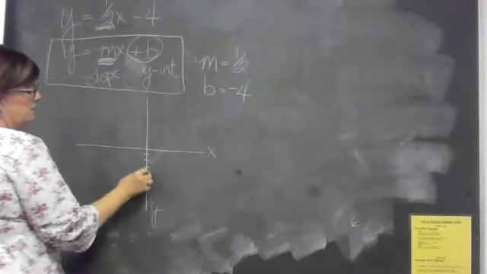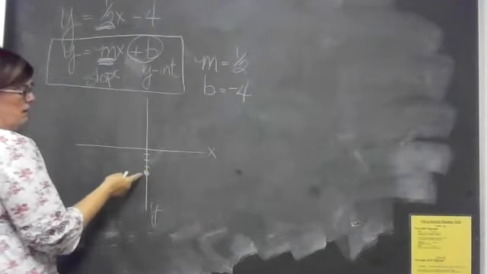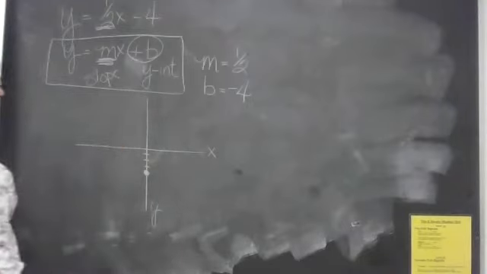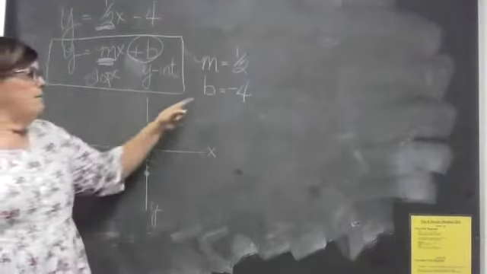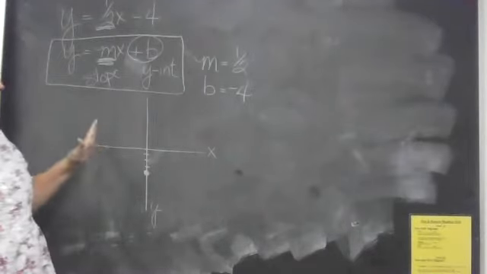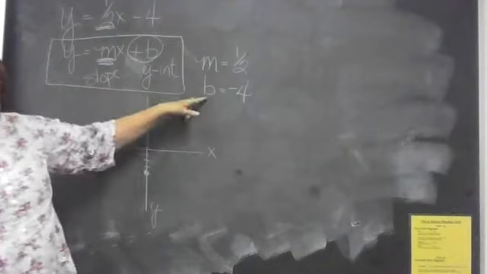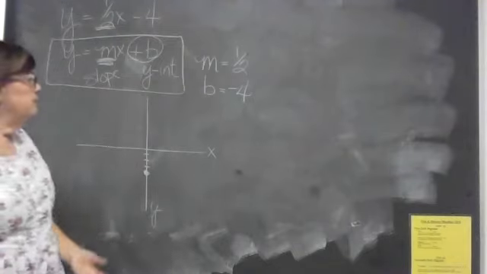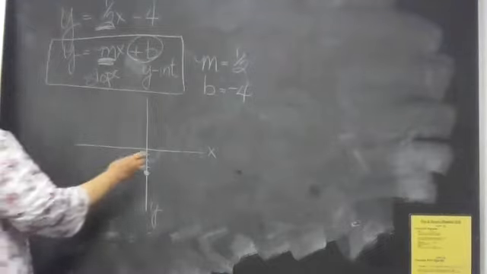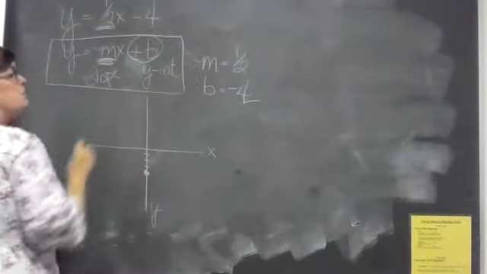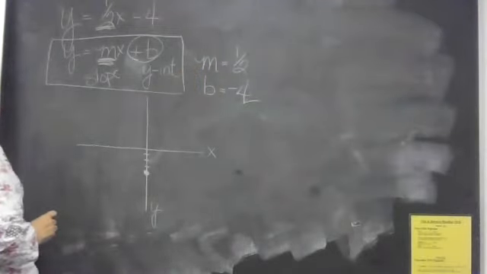And what I like to say is, this is my home. I live on Y. This is always my home. This is where I be. One of my students told me, they said, this is where I be on the y-axis, okay? That's how she remembered. Now after I've graphed that, I use my slope as a GPS that will get me to my friend's house.